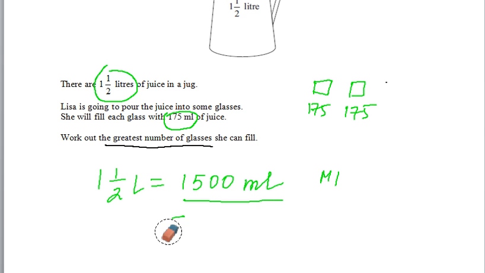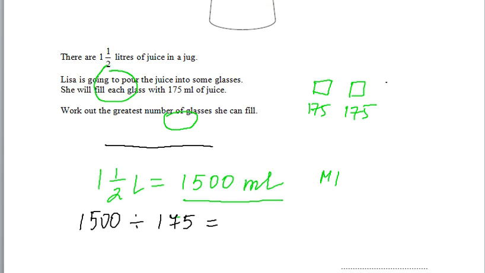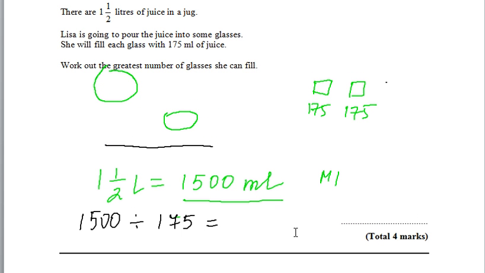Okay, so let's start again. We need to divide 1500 by 175. As I said, estimating, we can see that it is 8 and a little bit.